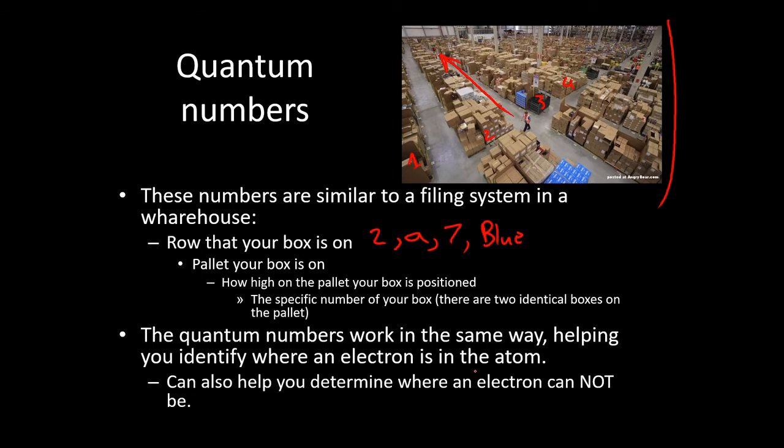If you remember our previous discussion earlier in this chapter, to go back to the warehouse analogy, we're not going to have just boxes laying in the middle of the floor. They can only be in very specific places. And so we can use these quantum numbers to work out where all the electrons are, and also, just as importantly, where they can't be. Because again, there are only very specific places they can be.